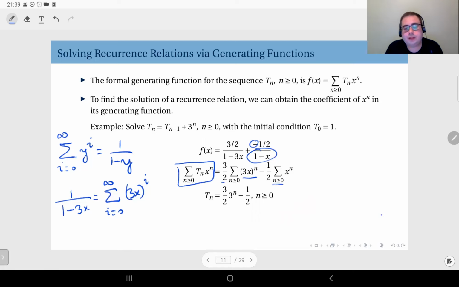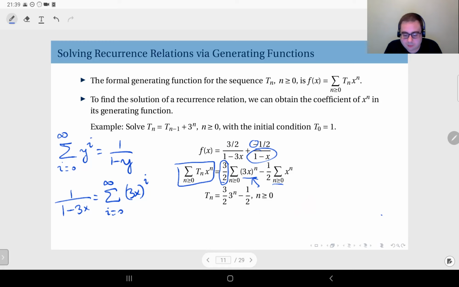Now, when you look at the left-hand side and the right-hand side, you just equate the terms with x to the power n, right? On the right-hand side, the x to the power n term is going to be 3 over 2 times 3 to the power n, because this would be 3 to the power n times x to the power n.